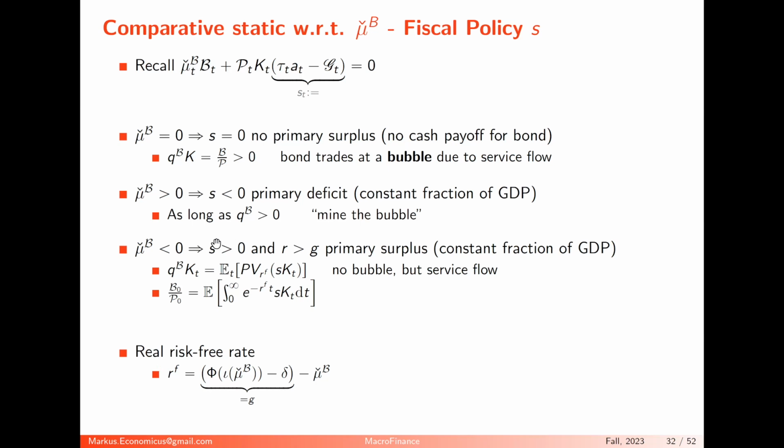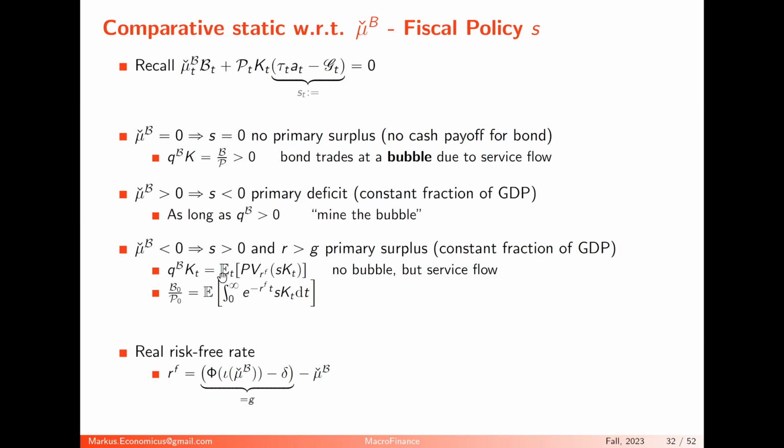Now, the traditional way is to say, the traditional FTPL, fiscal theory of the price level thing: I run a primary surplus, and then R will be larger than G, and then the real value of the government bonds is just the discounted primary surpluses. So there's no bubble. There's still a service flow. Essentially, the government raises taxes and uses the tax revenue to buy back the bonds.